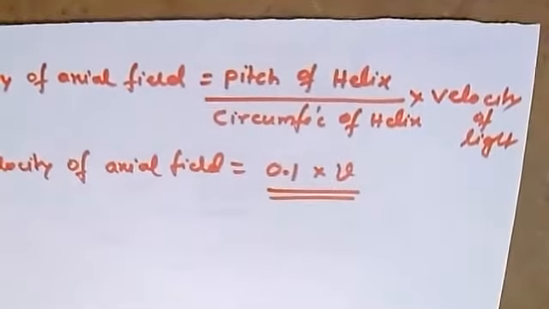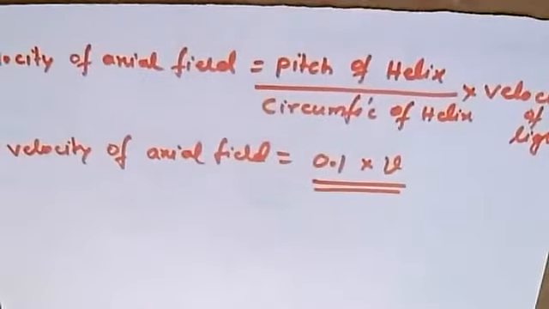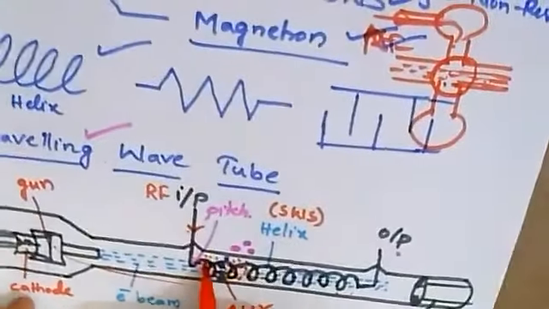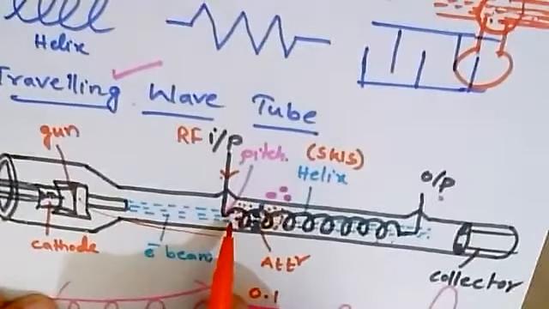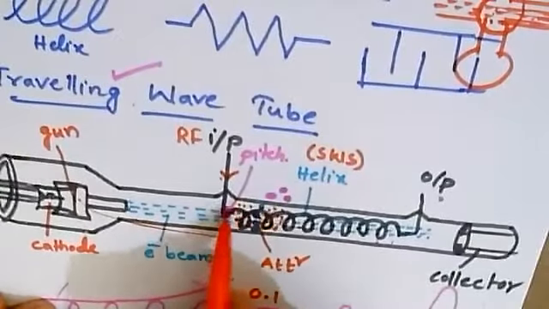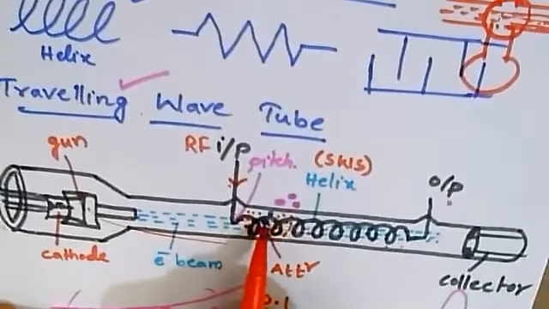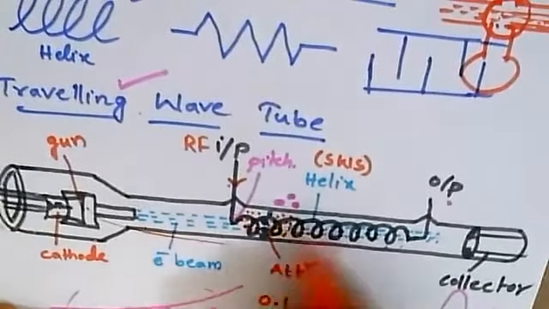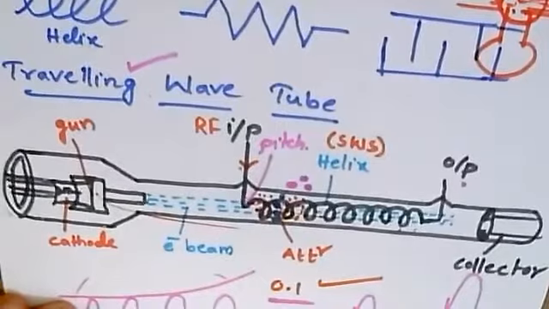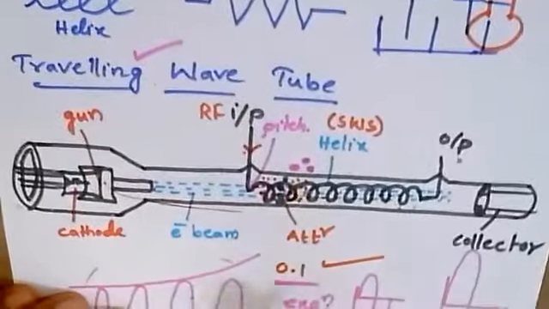So this is the final expression we get for the velocity of the axial field with which the wave is propagating. The pitch is the angle at which the turn should start, and the circumference is the total length of the turns. Those two ratios are taken as 0.1. That is how we can measure the velocity of the axial field.